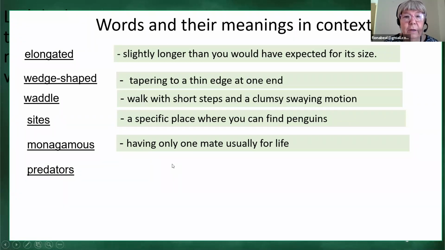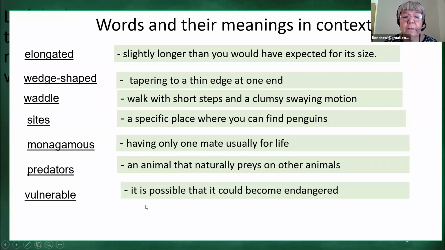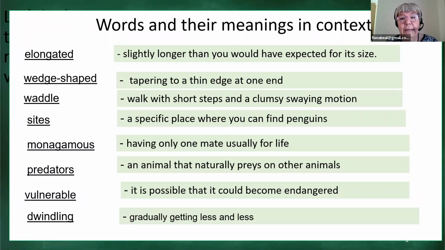Their biggest enemy are predators. Predators are animals that naturally prey on other animals. And they're not endangered, but they're vulnerable. It means that it's possible that they could become endangered because they're getting less and less in the world. And our last one, their numbers are dwindling. That means they're getting less and less.